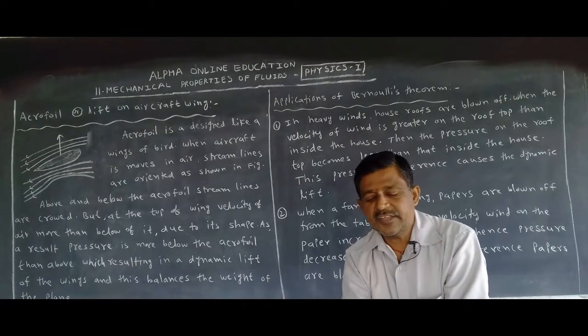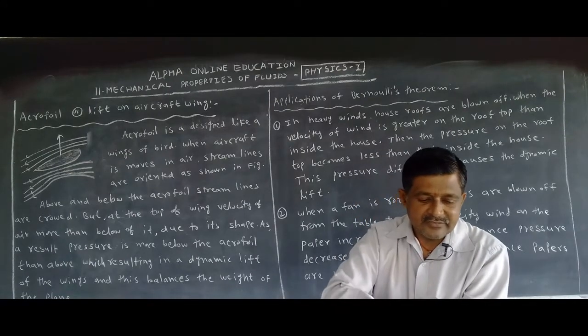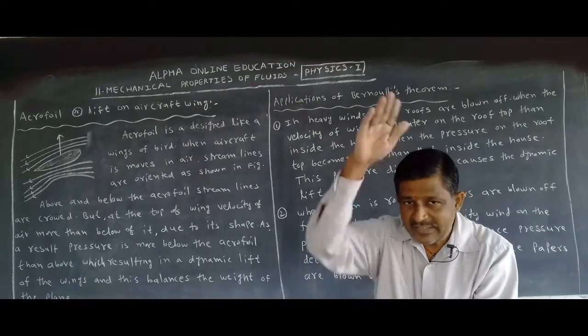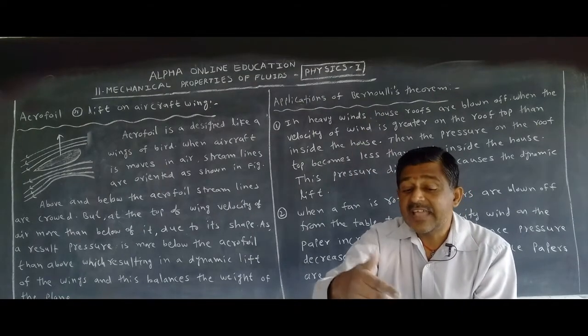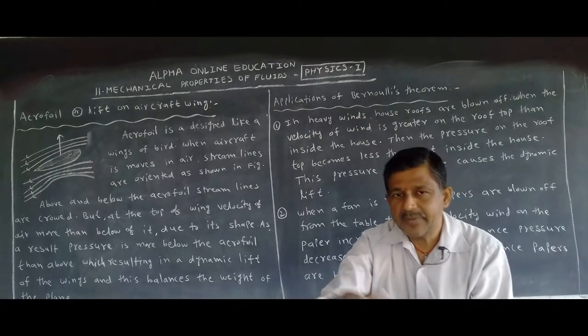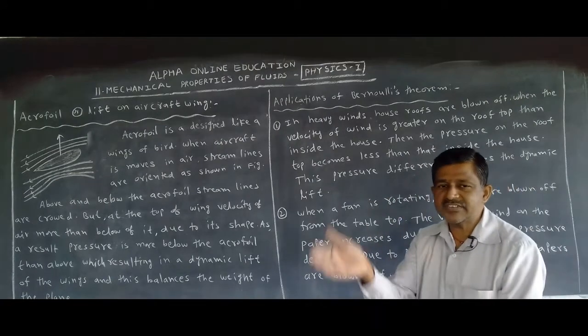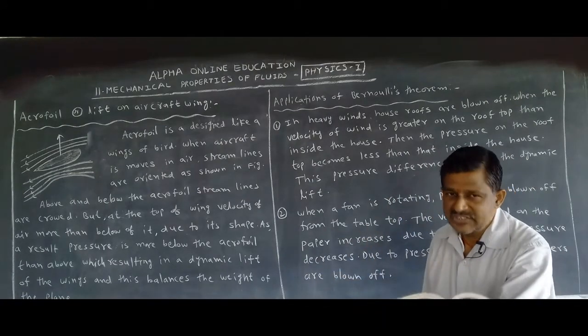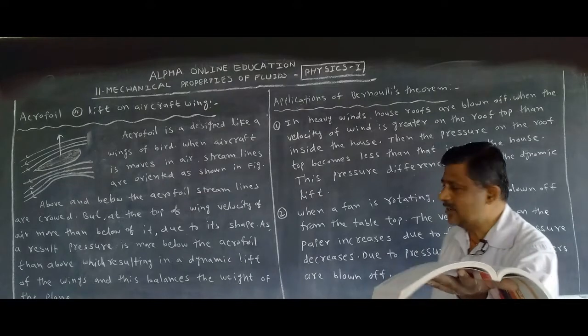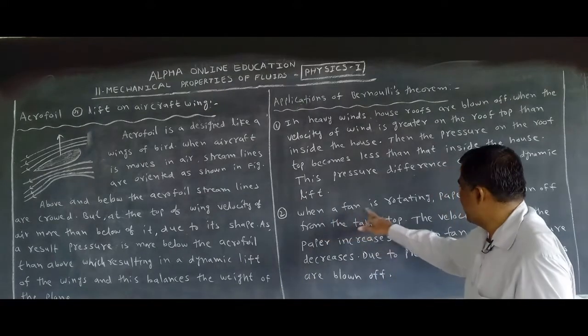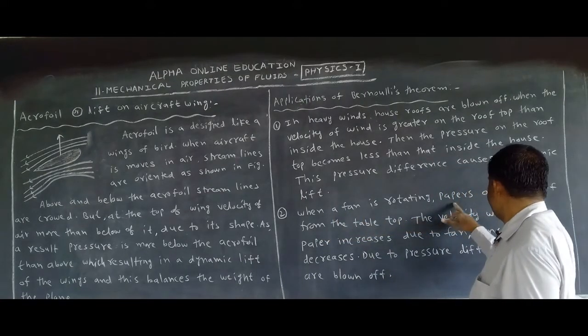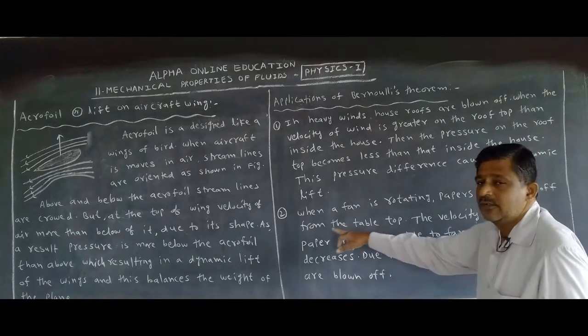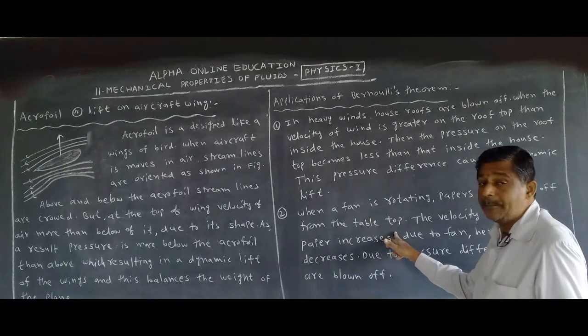When the pressure below the paper is more than above it, the papers immediately blow off the table. When the fan is rotating, papers are blown off from the tabletop.